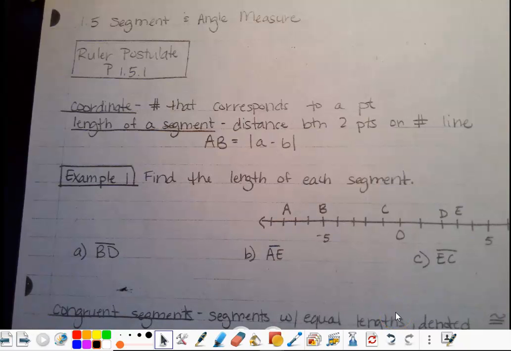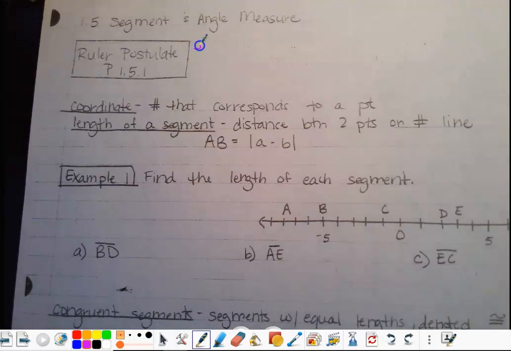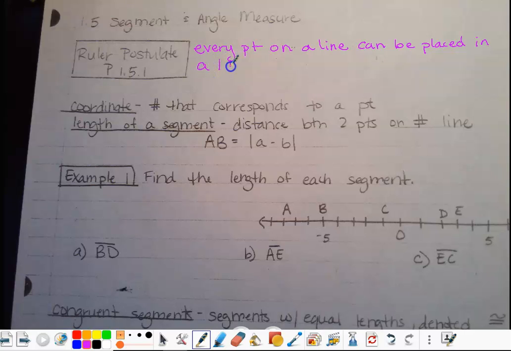All right, so lesson 1.5, we're talking about segment and angle measures. We're starting off with this first postulate. It's the ruler postulate. So every point on a line can be placed in a one-to-one correspondence with a real number.